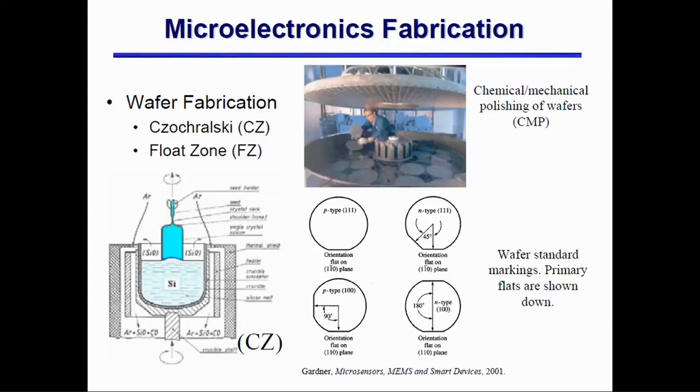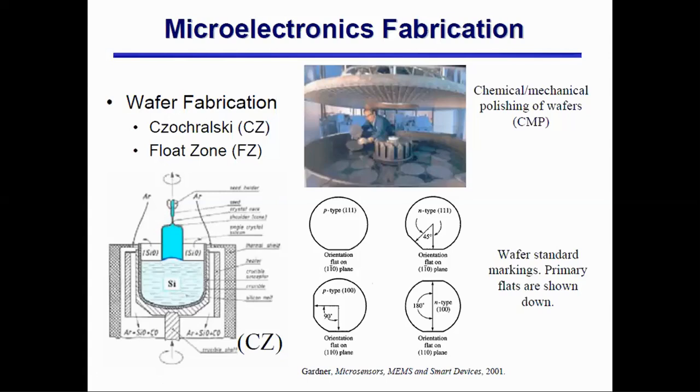Here you see different types of silicon wafer, and here you see the marking. These cut marks represent the direction. Here you see it is written P type. So when you are buying a wafer, you first need to know whether you need an N type wafer or a P type wafer.